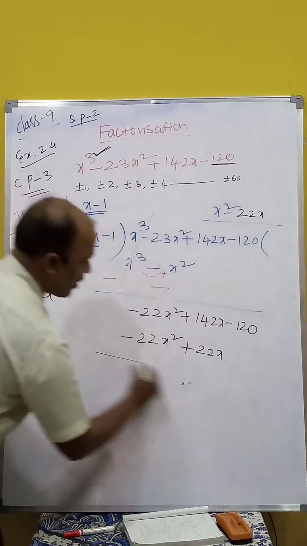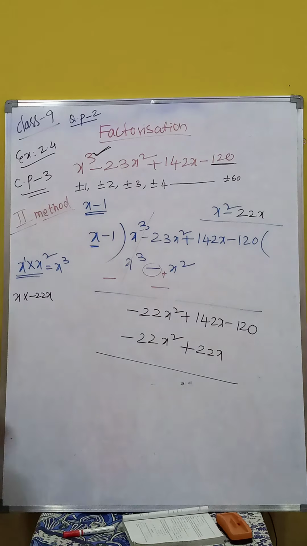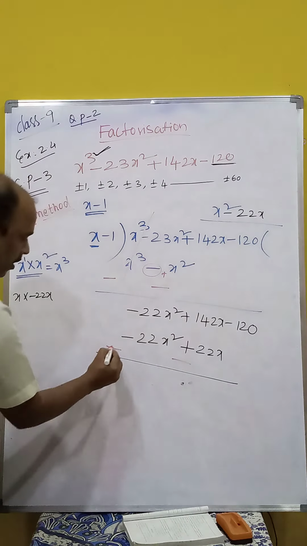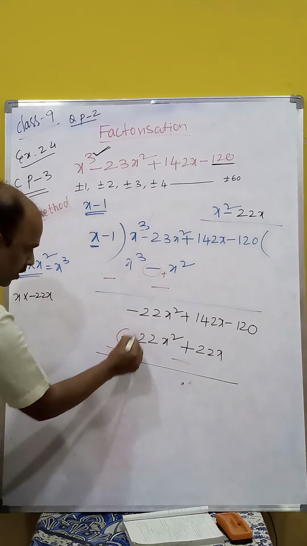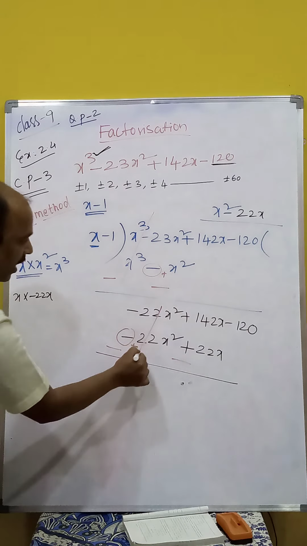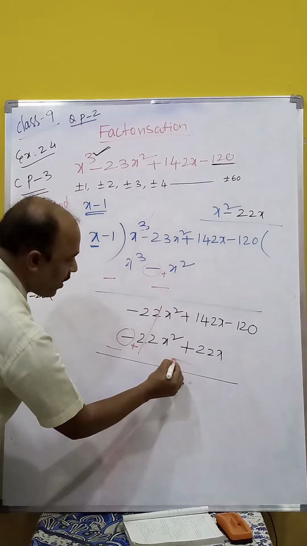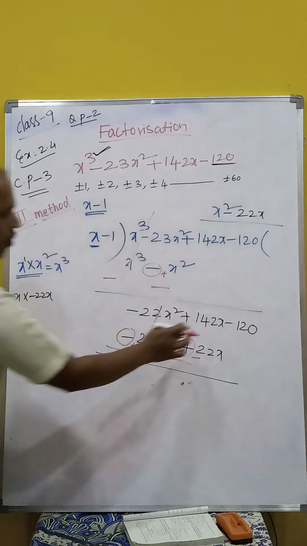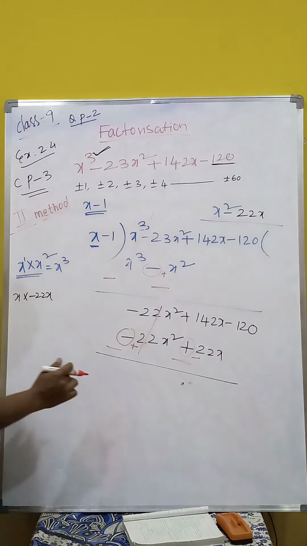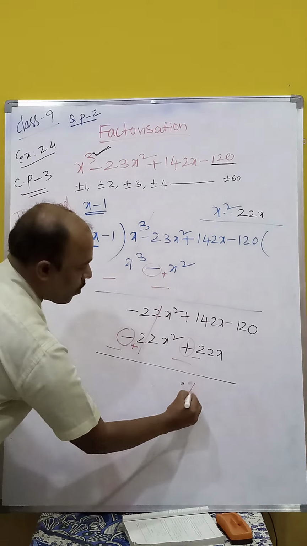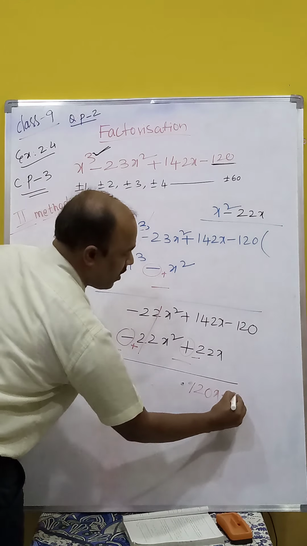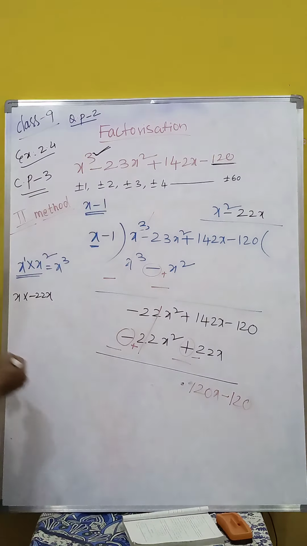Now again subtracting this. In this subtraction, what is here? Minus minus. Minus into minus is a plus term. Cancel this term. Minus into plus: 142 minus 22 is 120x. Next the constant, no change, 120 only.